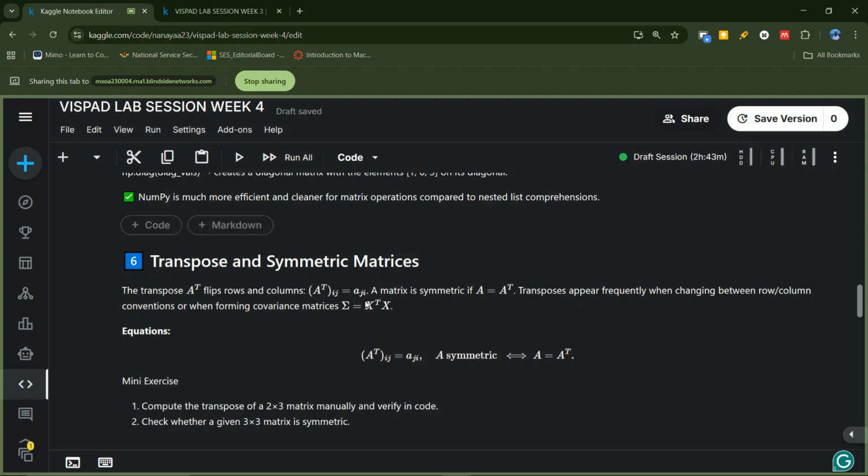If you have a matrix and the first row is 1 2, if you transpose that matrix, the column becomes 1 2.